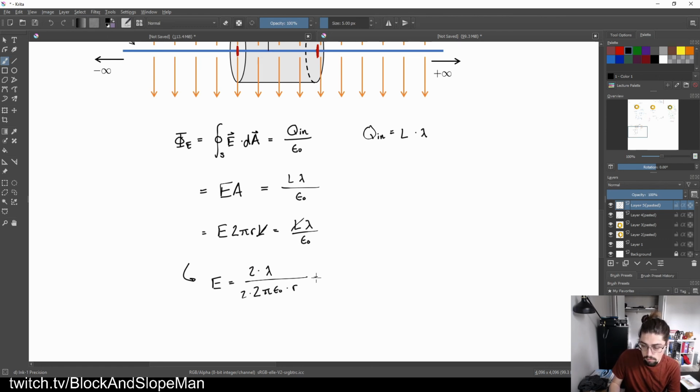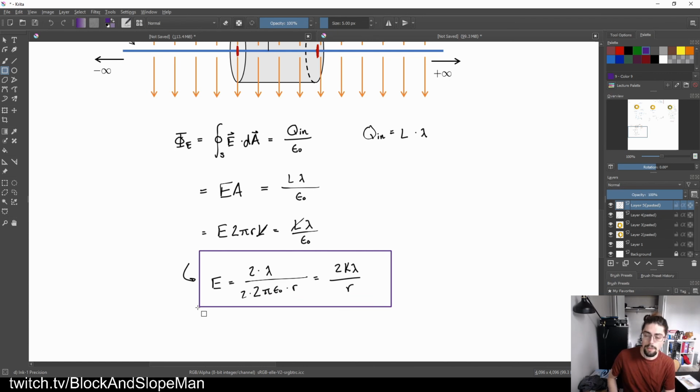And that's safe to do. 2k lambda over R. There it is. There's our exact same result that we had expected to see from before, right? It's exactly what we proved using that pesky vertical rod integral. But now we've done it with Gauss's law and arguably much easier. At least I think so. I imagine a lot of you do as well.